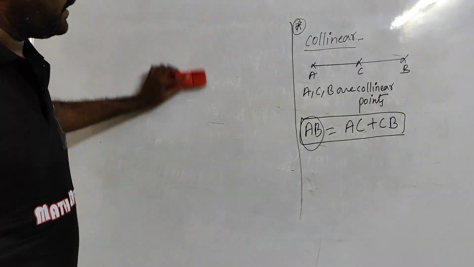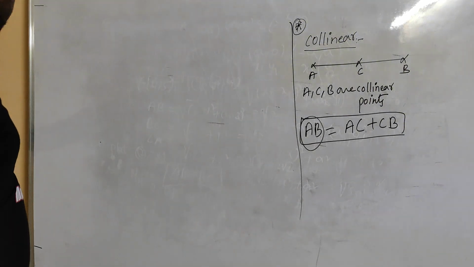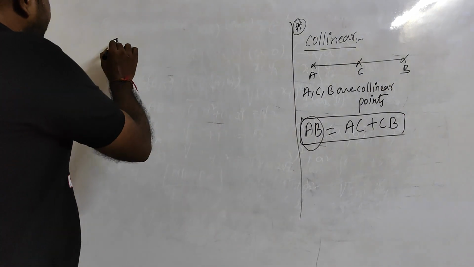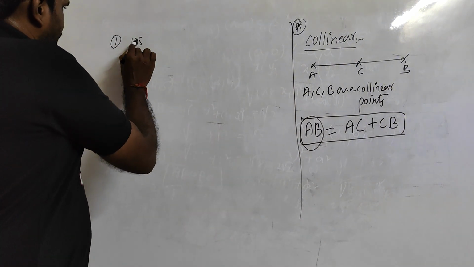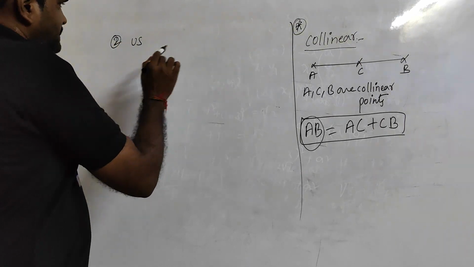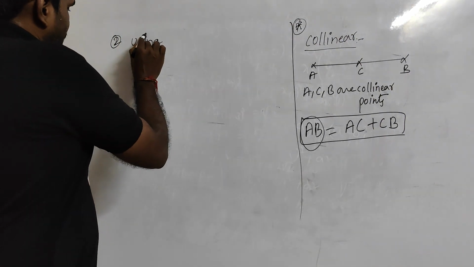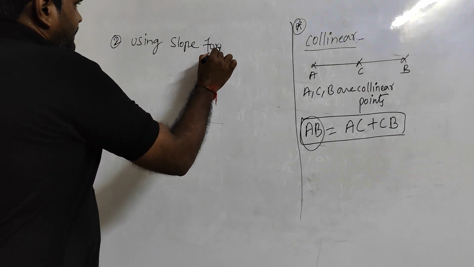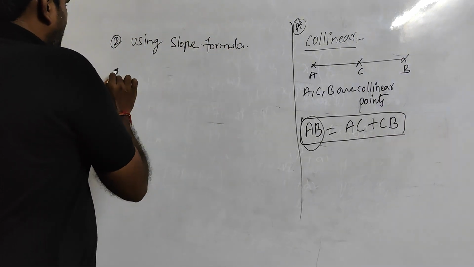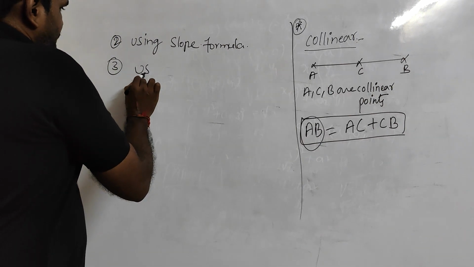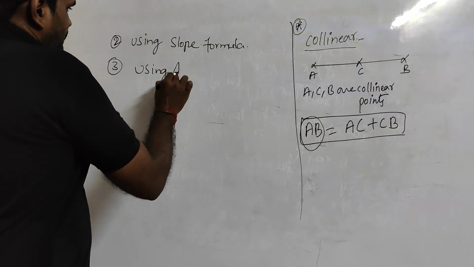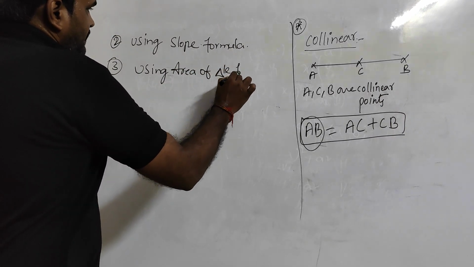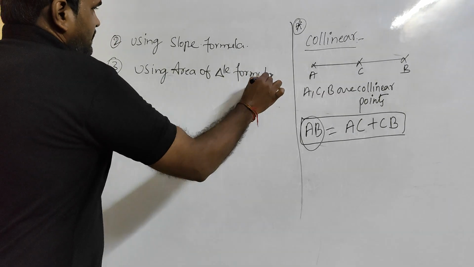This is one way, the distance formula. The second way is using the slope formula, and the third one is using the area of triangle formula.